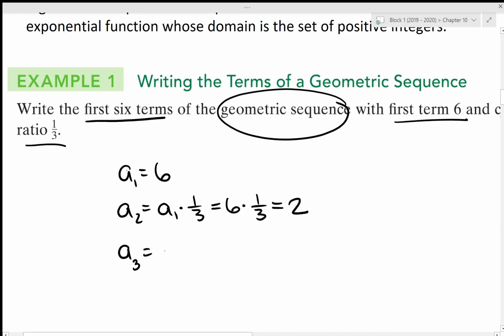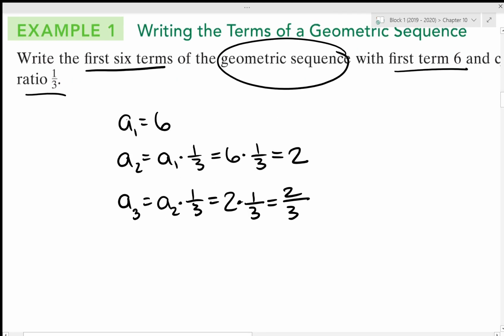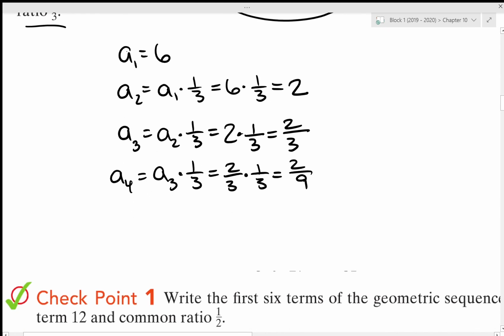The third term is the second times a third. So 2 times a third, or 2 divided by 3, 2/3. For the fourth, we have the third term times a third. So it's 2/3 times a third, which means it's going to be 2 over 9.